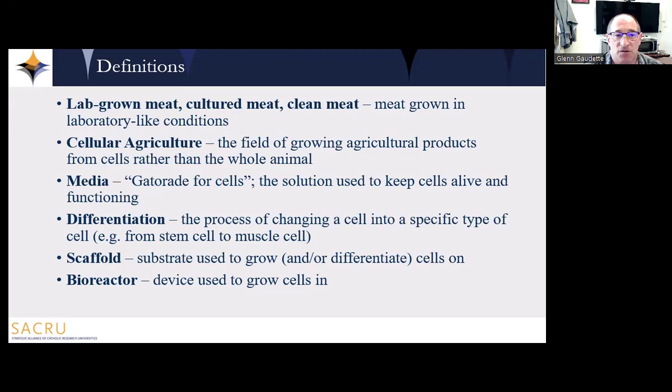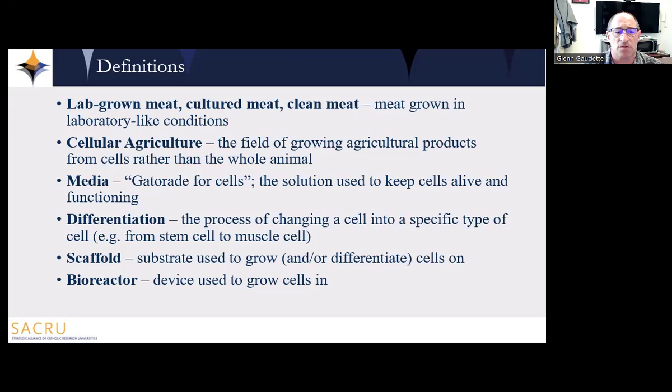We could add a different solution to the media that will cause the cells to proliferate, or double and multiply. Generally, most cells will either proliferate or differentiate. But once a cell has differentiated, it's hard for it to start proliferating again. Not always, but in most of the cells, especially the cells that we're going to be talking about in the field of lab-grown meat.